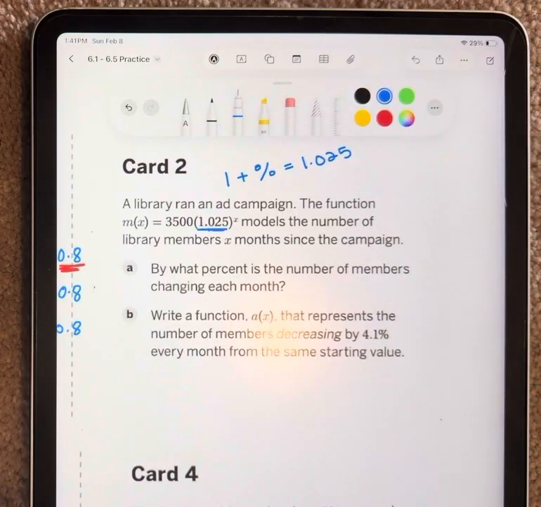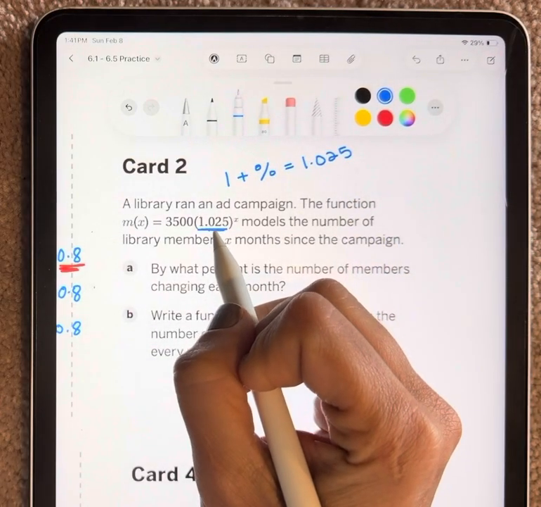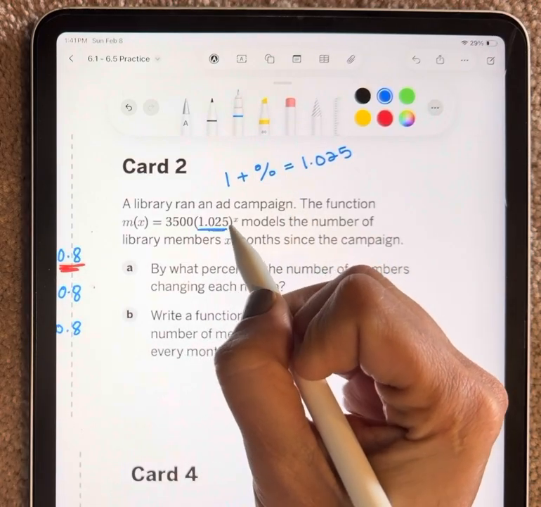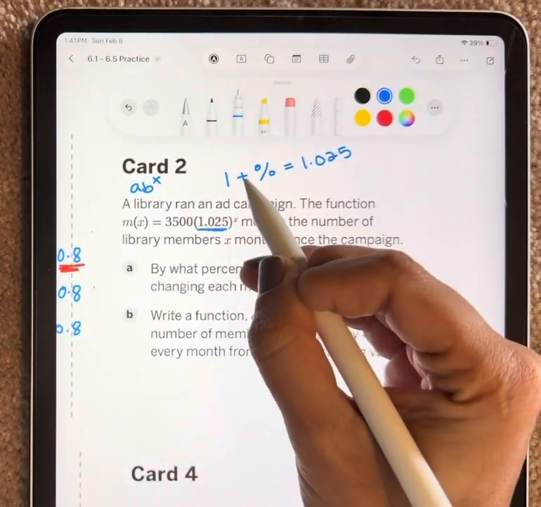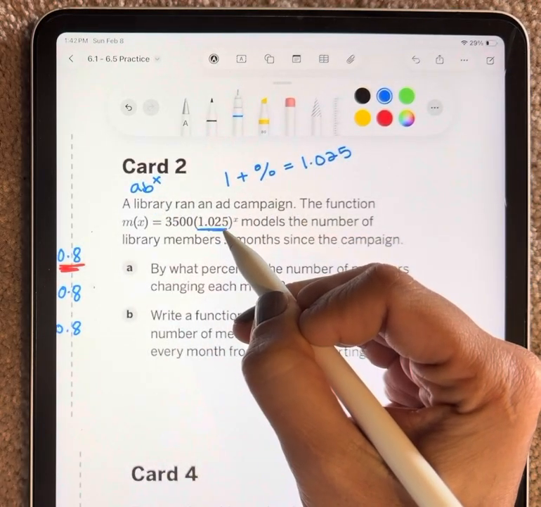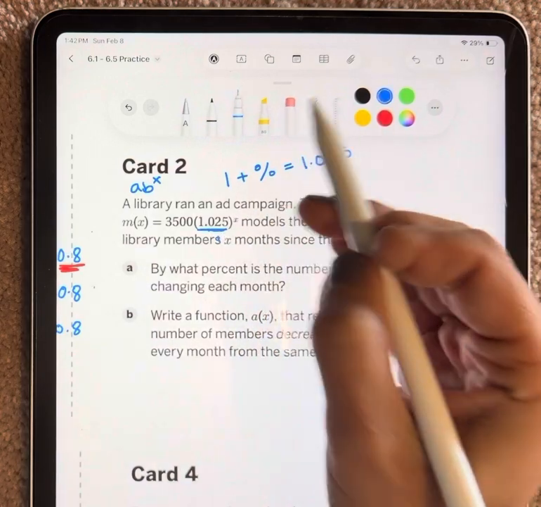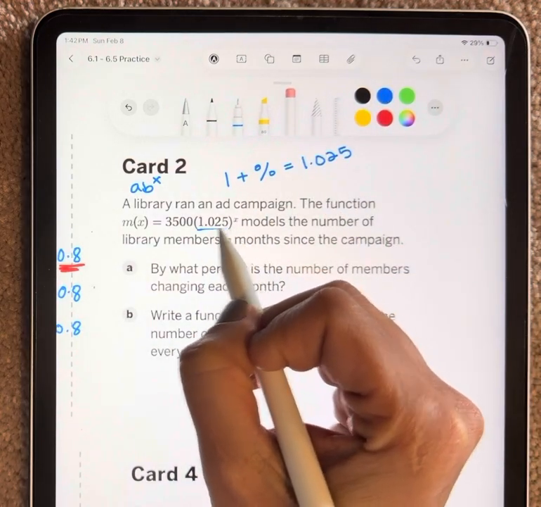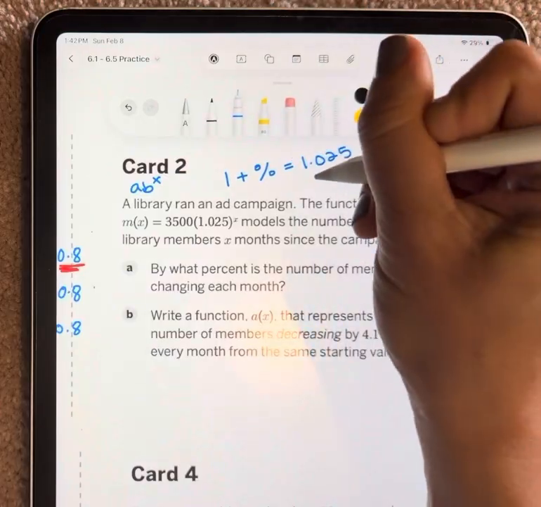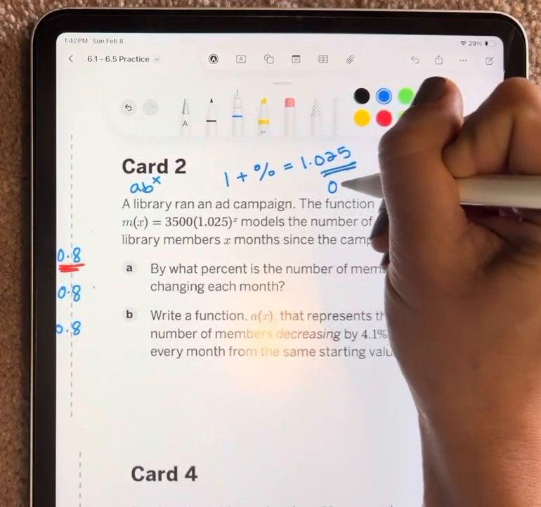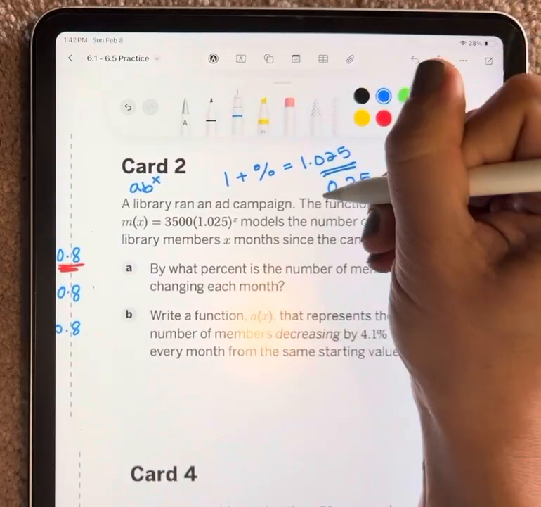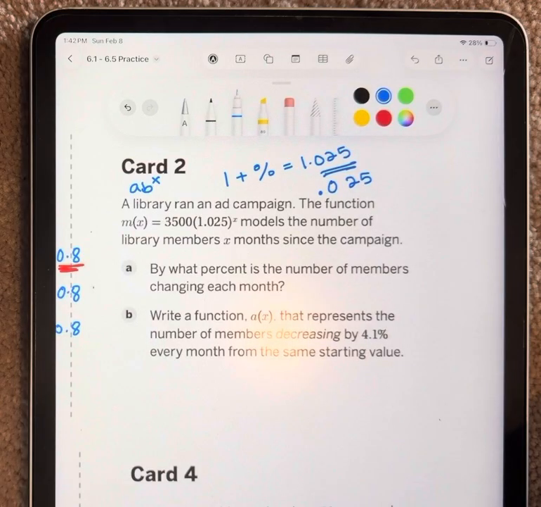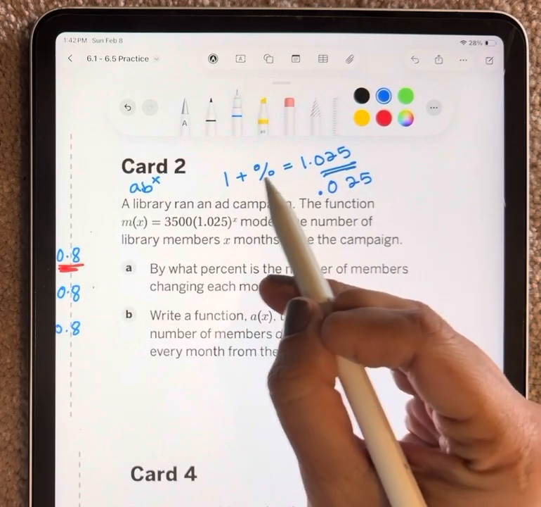So you got to remember, when our rate is a percentage, if it's growth, the B in A, B to the X, the B is 1 plus the percent. The percentage is already built in with 1 added to it, which means the library members are growing at a rate of 0.025. Okay, that's the number that was added to 1 to make this number.